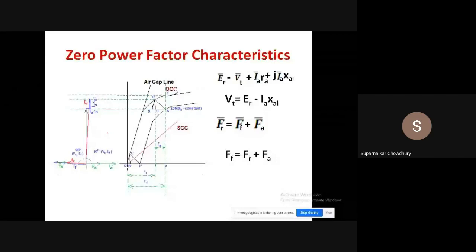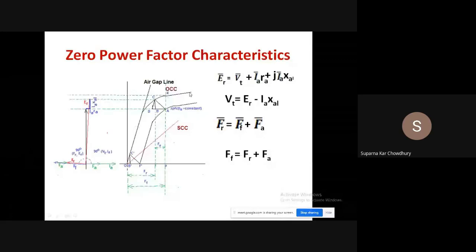So we consider that the relationship between ER, the induced voltage under loaded condition, and the resultant field FR under loaded condition is given by OCC.